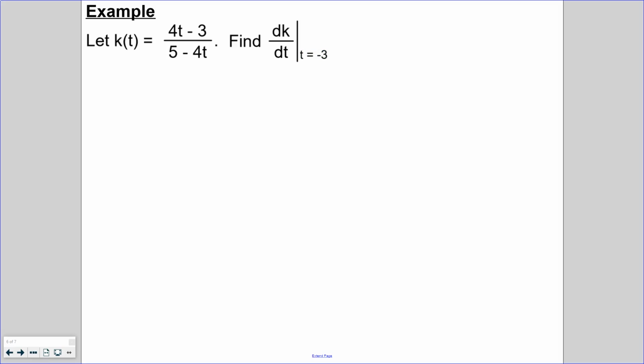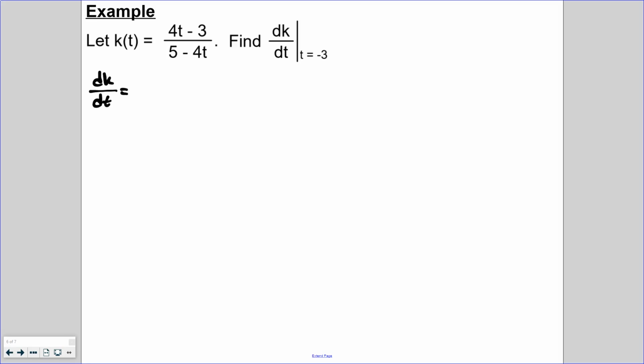But in order to find the derivative at t equals negative 3, the first thing we have to do is actually find the derivative. And now in this particular problem, we're going to take the training wheels off, meaning we're not going to do that scratch work on the side, and we're going to take the derivative as we actually use the quotient rule. So, first things first, we need to find the derivative of k.